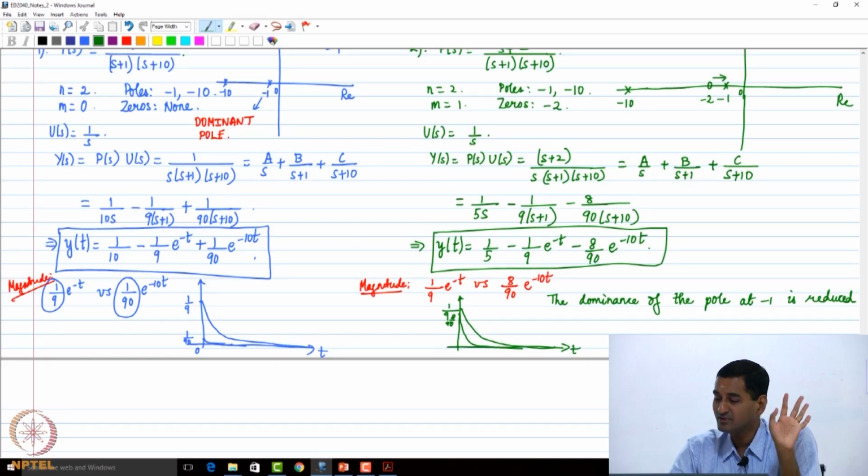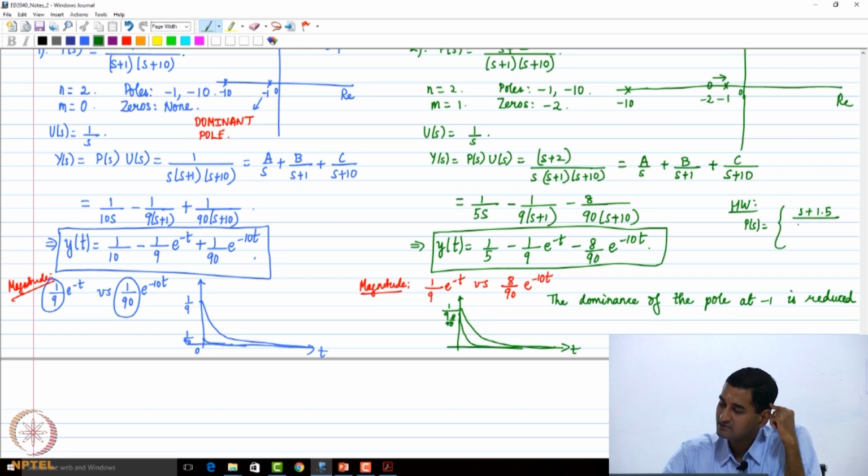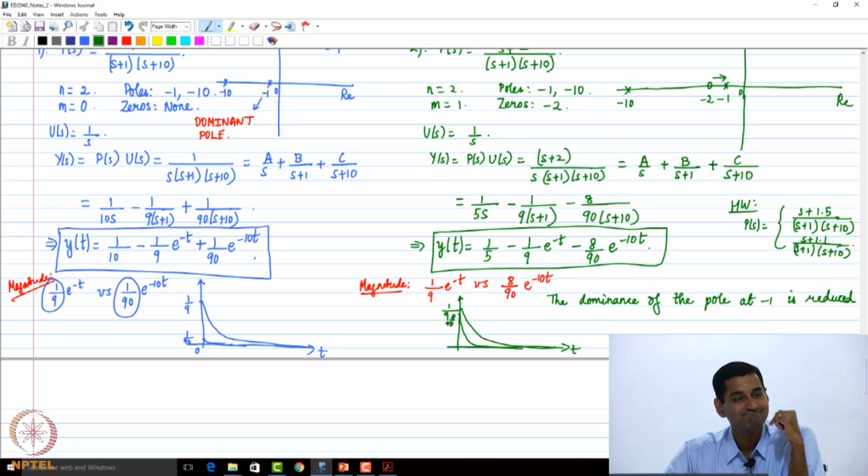I leave it to you as homework. Try the step response of these two plants: s plus 1.5 times s plus 1 times s plus 10, and s plus 1.1, s plus 1 and s plus 10, and observe.